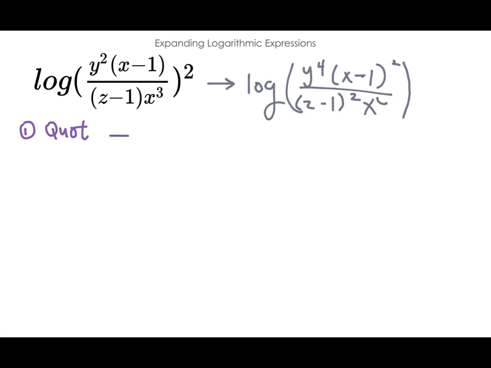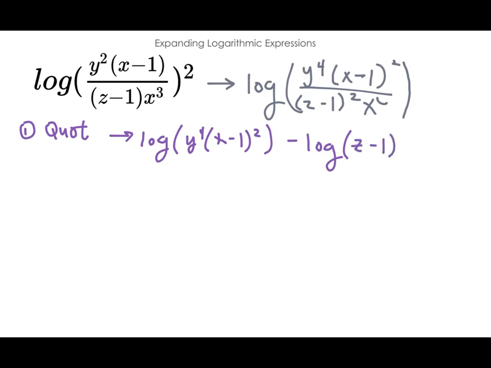So this is going to become log of the numerator minus log of the denominator. Okay, and you can put parentheses here to show that it's all in that log. So that's my first step. I've applied the quotient rule. I only had one division thing, so it's only going to separate into 2 different logs.